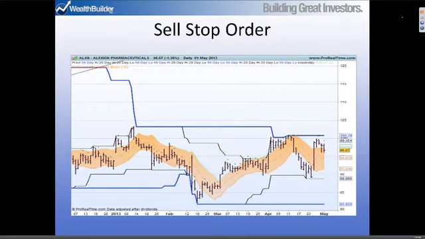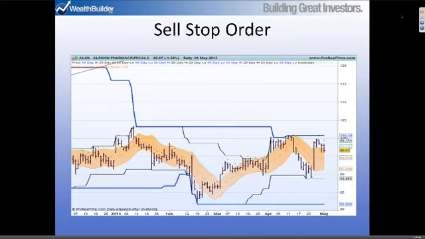So now we said we use sell stop orders as a way to protect us from a big loss or to protect profits. So what we do in this case is we would feel that if the price traded below 88.86, then it would probably keep going and we would incur a huge loss.